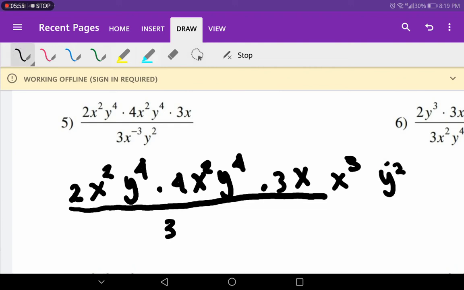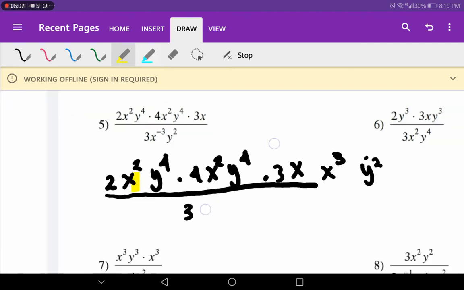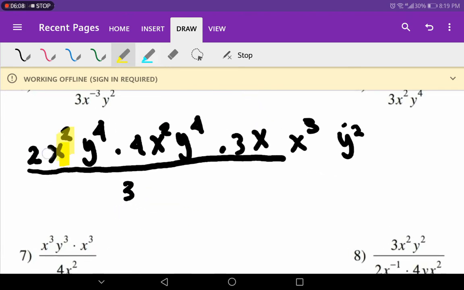Okay? Now, what about the 3? You keep the 3 down. It is a coefficient, not a variable with power. Now the x's are together: the x with power 2, and the x with power 2, and the x with power 1, and the x with power 3.